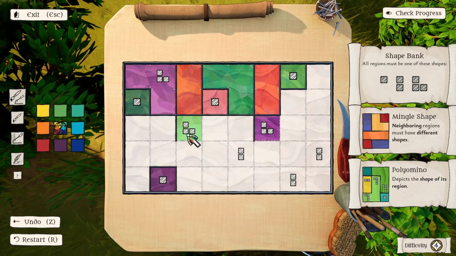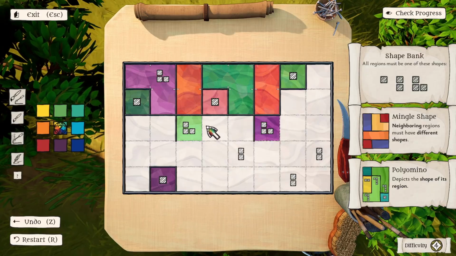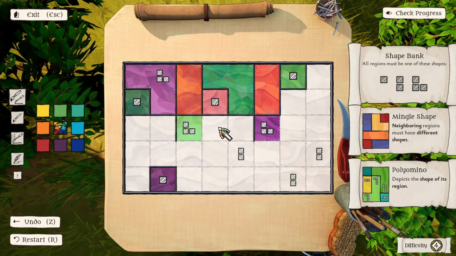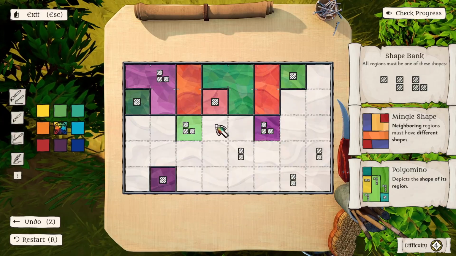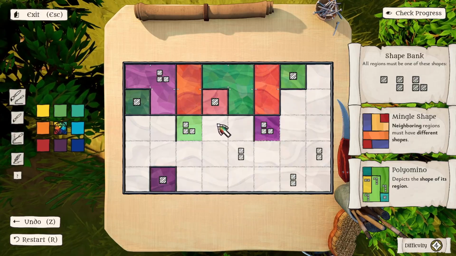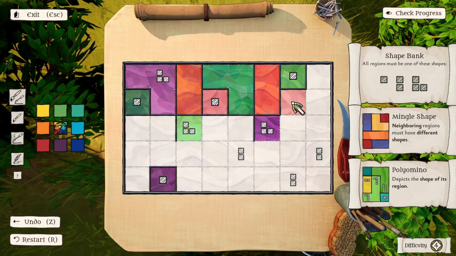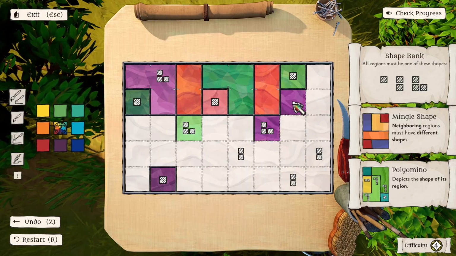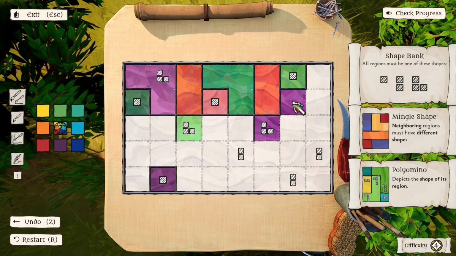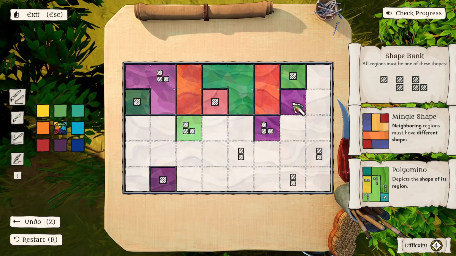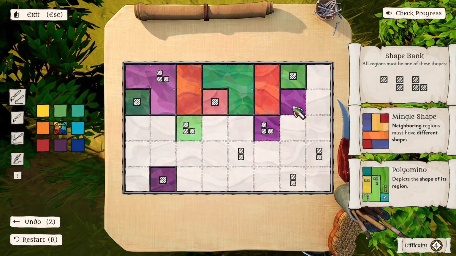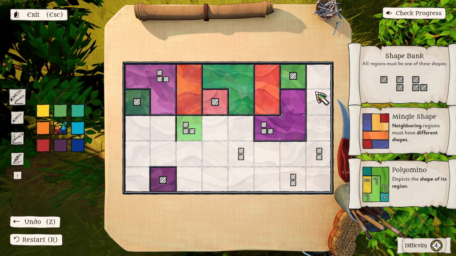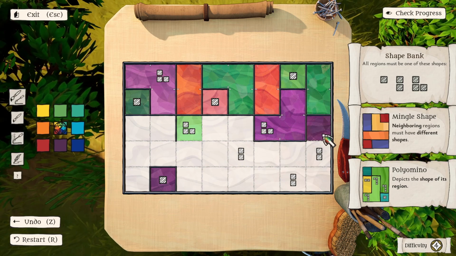This is a 1, that is a 3. If this is the 3, that's good. Otherwise, it's a 2. This right here is part of a 3. I think that's a 3, that's a 2, that's a 1.